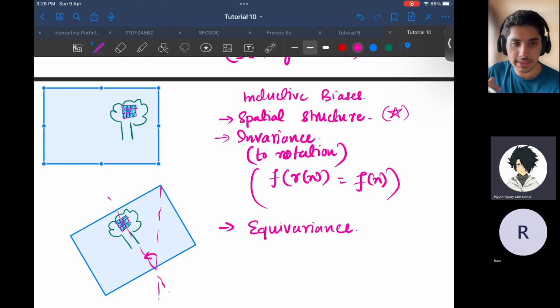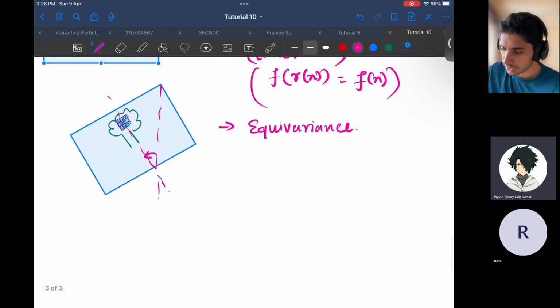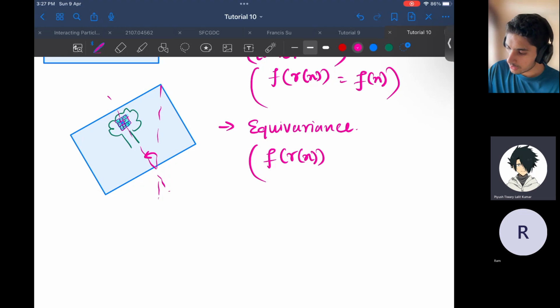Well, in this case, I still want my network to predict it to be a tree. I don't want it to predict it to be something else. This is what I mean by equivariance, right? This is very similar to invariance, but there is a subtle difference. Let's say I'm saying that my function f is equivariant to some function r, what I mean by it is f of r of x is equal to r of f of x.